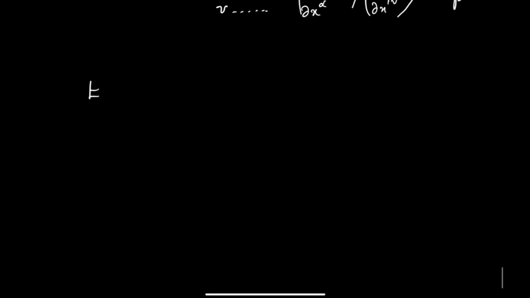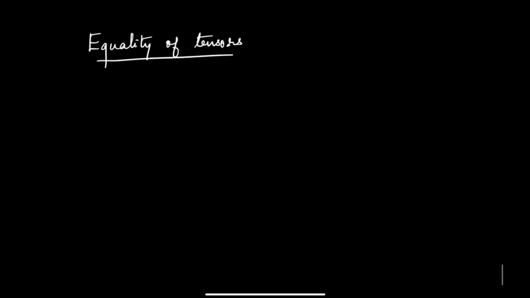Then equality of tensors. I'll take 5 more minutes and I'll wind up. Equality of tensors: you cannot equate tensors with different rank and different type. Tensors of same rank and same type are said to be equal only if there is one-to-one correspondence between them.